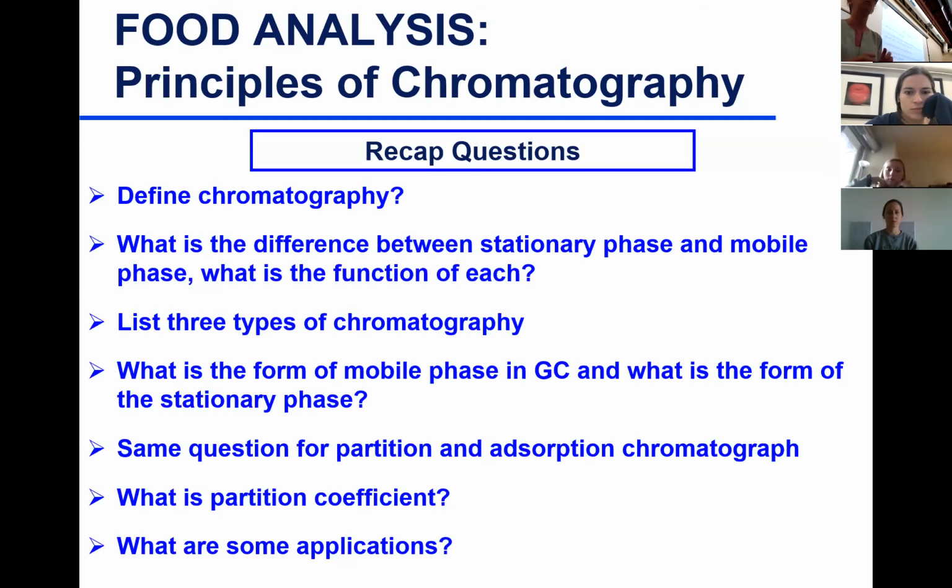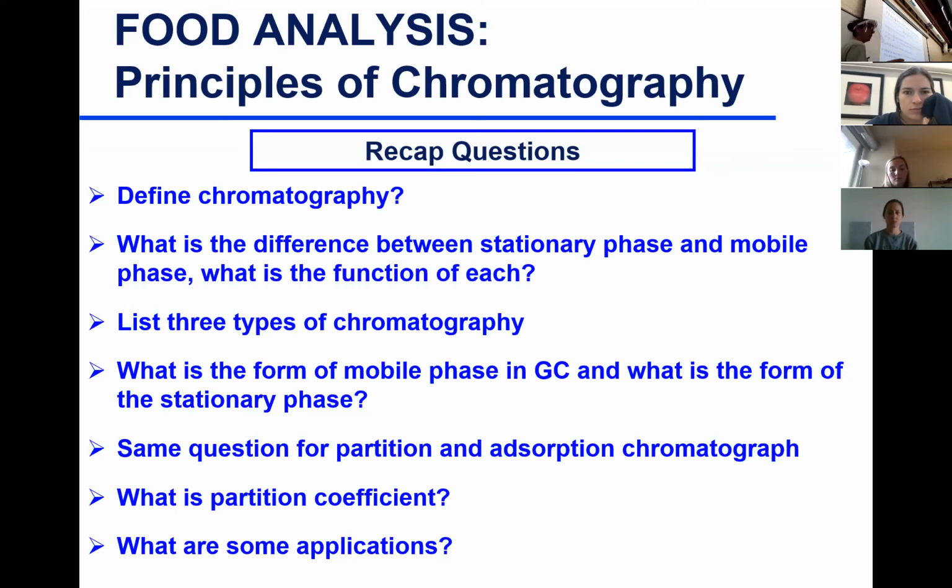Yes, exactly. Sam said we can go either with gas chromatography or liquid chromatography. And then the third one was supercritical fluid chromatography. So yes, these are the different types.